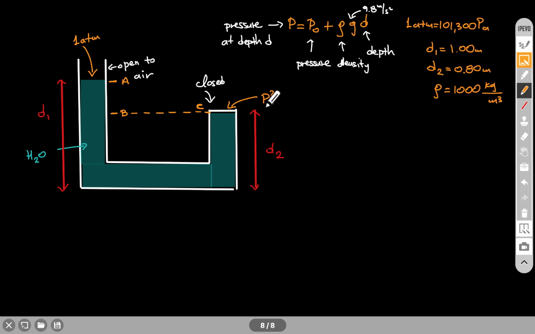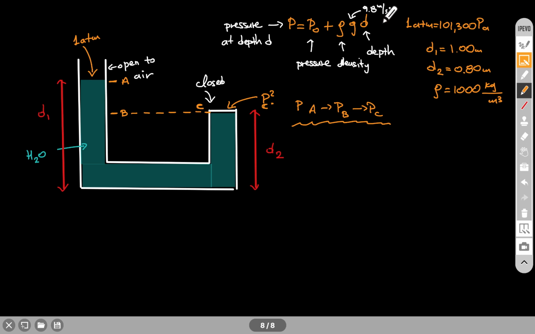So I'm going to call this the pressure C. My goal is to find the pressure C, and my strategy will be to go from pressure A, find the pressure of B, and from that find the pressure of C. This is the big picture.